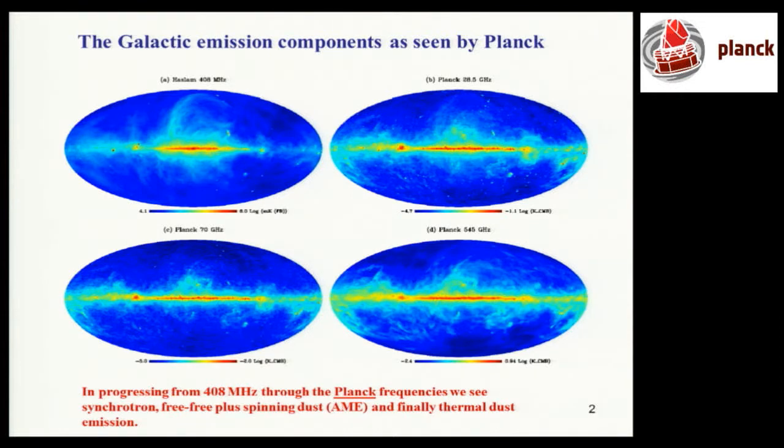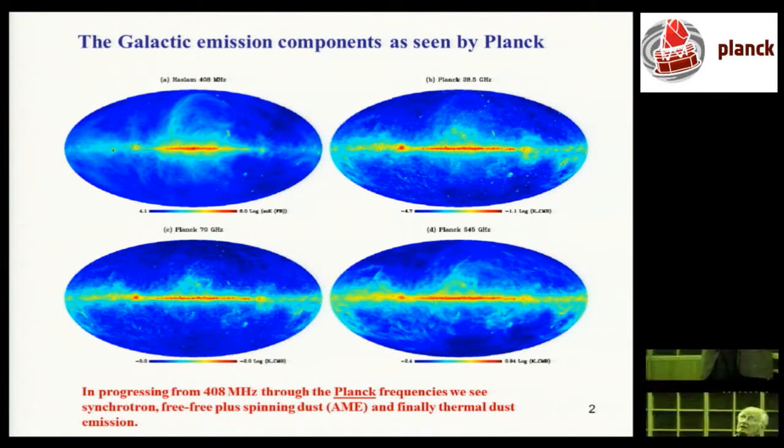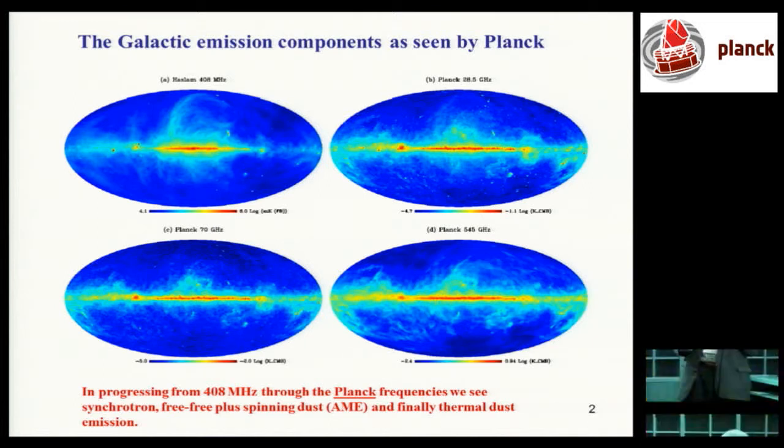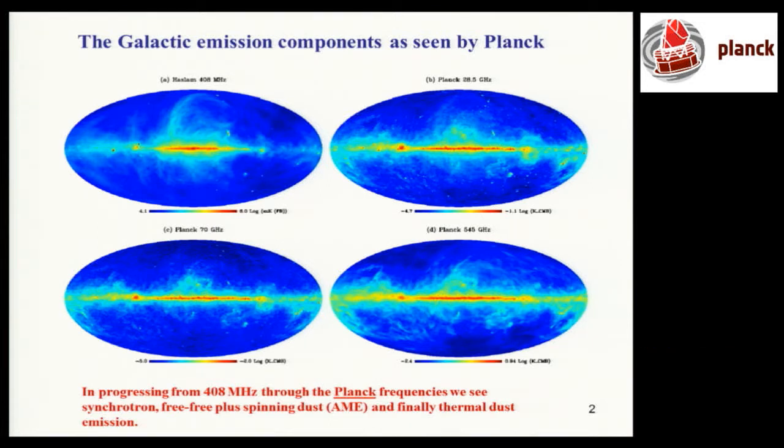If you come over here, you'll see some of this left at the 30 or the 28.5 gigahertz area, but once you get into the higher frequencies at 70 gigahertz, you've got a pattern here which is very similar to what you get in the high frequency channels, which is basically all dust.